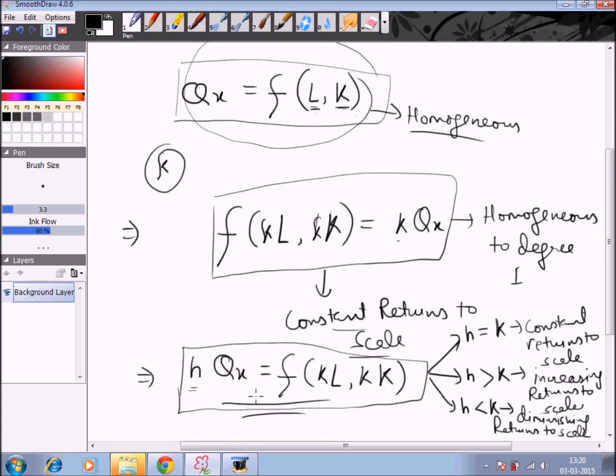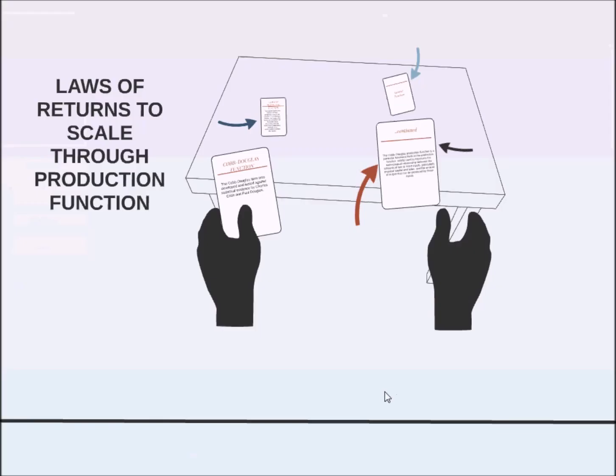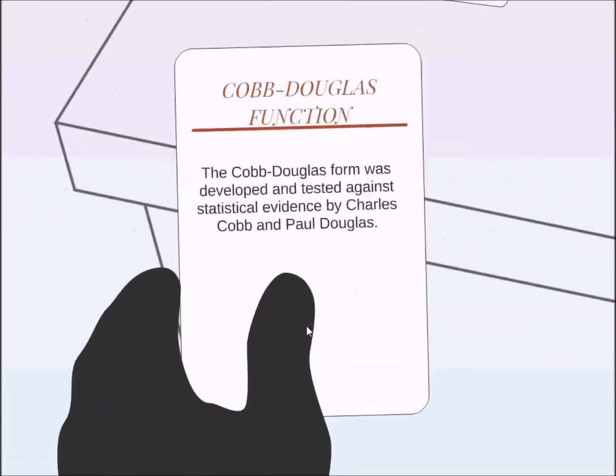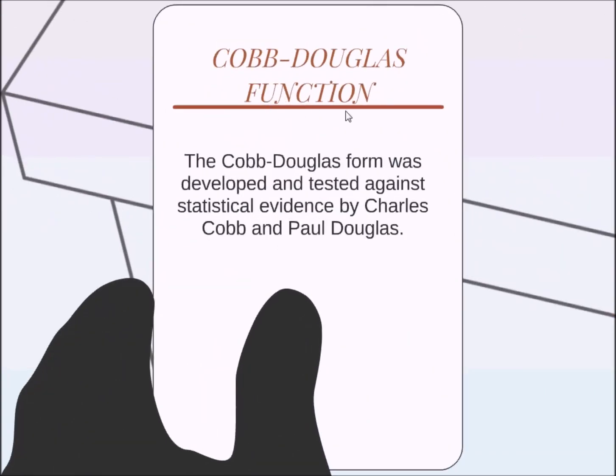Now, there have been various approaches to this production function, and we'll be studying them. The first one we'll be studying is the Cobb-Douglas production function. This production function was given by Charles Cobb and Paul Douglas.